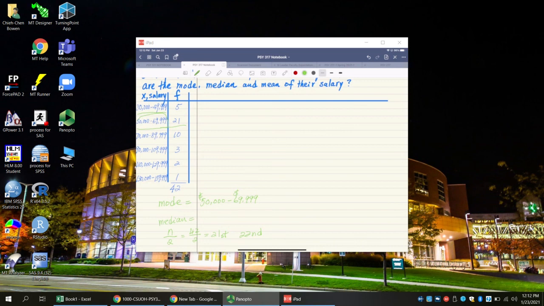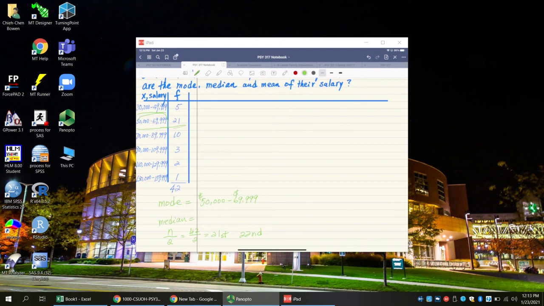So we go to the frequency column and add until the first category reaches 21 and 22. Okay, so 5 plus 21 is 26. So we already covered the 21st and 22nd positions in this category.